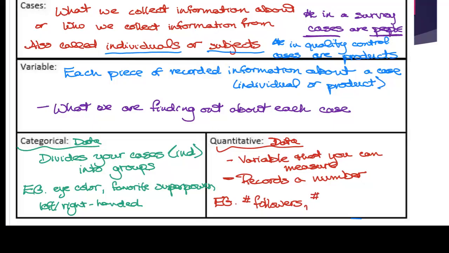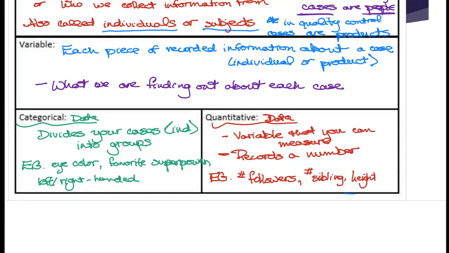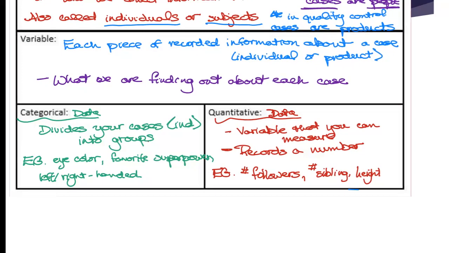The number of siblings you have, and possibly your height, your weight, the length of your index finger, your left foot. Categorical data, quantitative data. Probably should be variable, but I said data. I think you're more familiar with data.